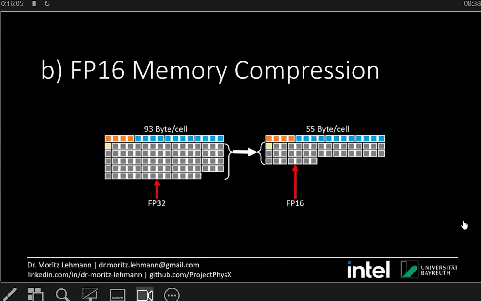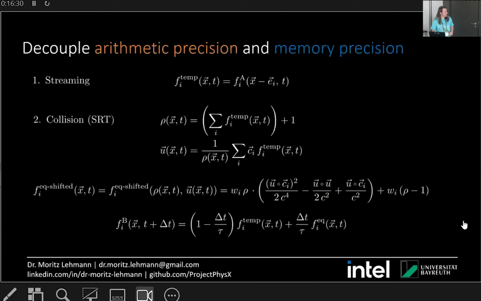So part 2, from 93 bytes per cell to finally 55 bytes per cell. That is realizing that all of the numbers, except for the flags, are stored in FP32 and they take up 4 bytes each. So what if I could just compress them down into a 16-bit floating point, only the density distribution functions? And it wasn't as easy as it looks like.